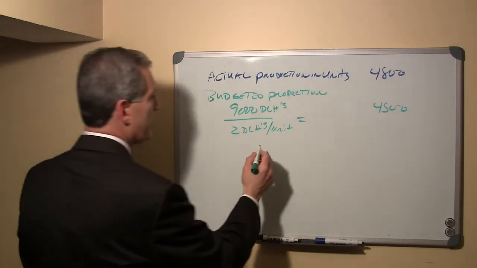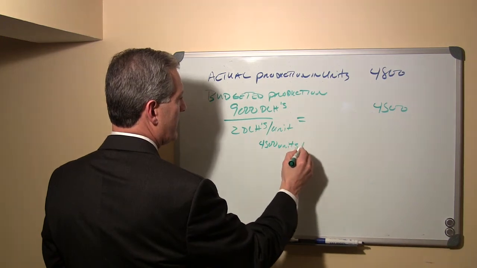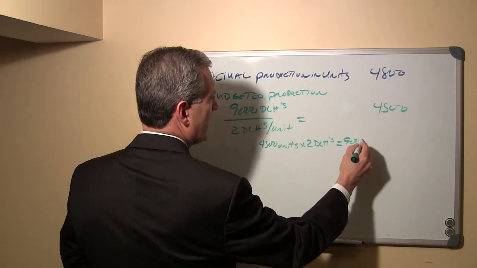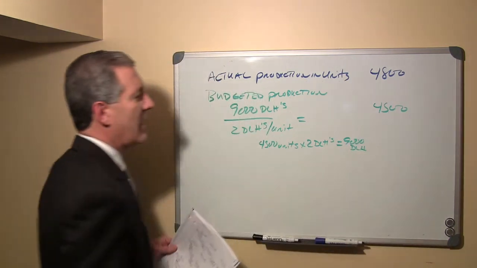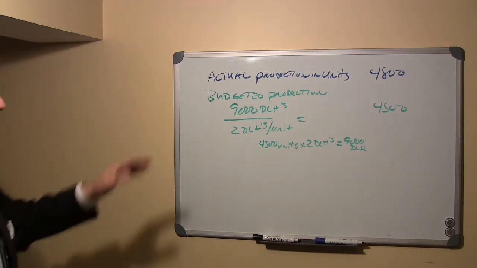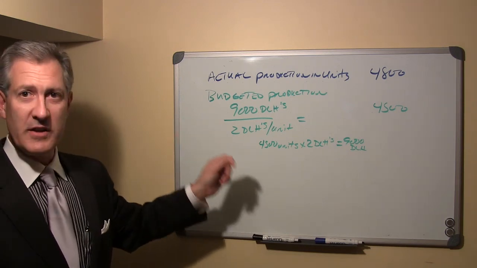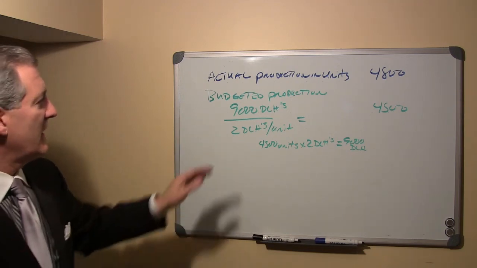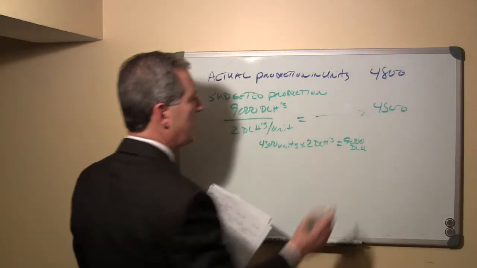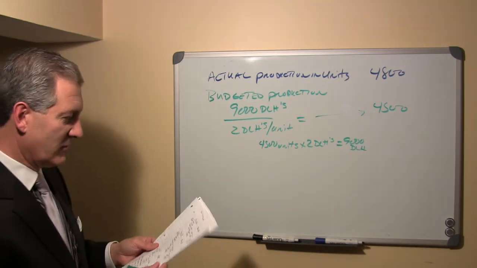If you'll notice, to use your math, 4,500 units times 2 direct labor hours per unit, they would have required 9,000 direct labor hours. That's how they came up with their denominator value. They started with an expectation of producing 4,500 units, and they knew, according to their standard, that they needed 2 direct labor hours per unit. That's how they came up with their denominator value of 9,000 hours.